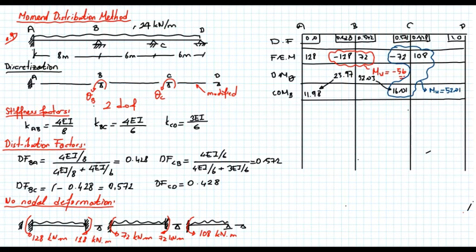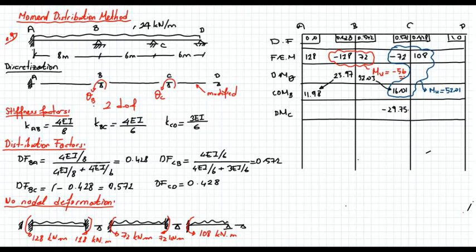Now let's release the clamp at C. Now when I do that, the unbalanced moment is 52. 57% will be carried by member BC. So this is minus 29.75. And the rest will be carried by member CD.